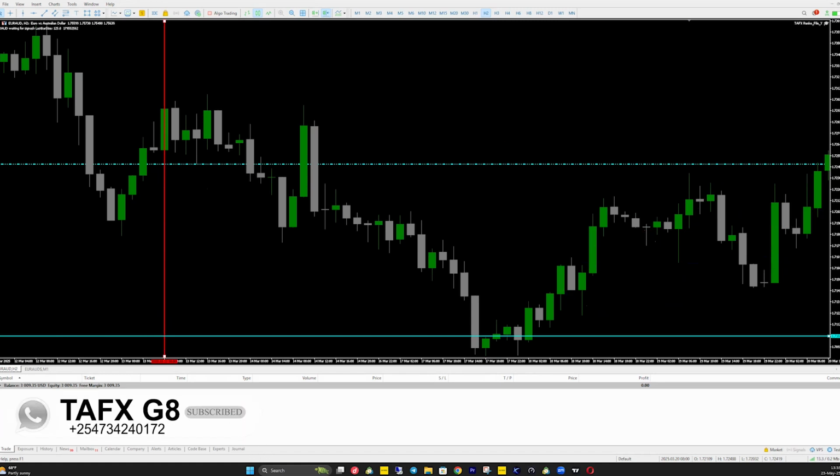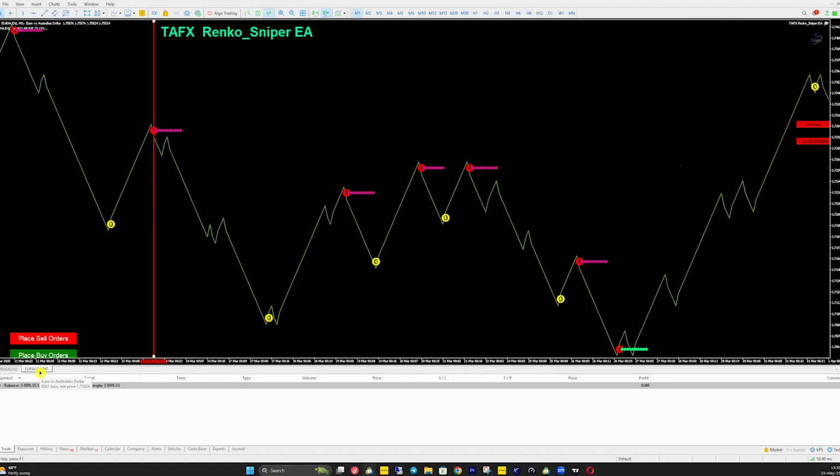So the only thing that comes in and saves you from all that struggle is Renko. Renko is the best of the best if you are struggling or there is confusion in the market and you don't know which high or which low to rely on. And we always say it cannot work alone.